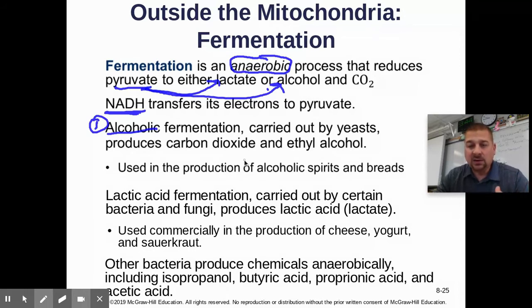But in bread it's a very low amount of alcohol, and when you bake the bread, the alcohol evaporates. The second type, lactic acid fermentation, a lot of us are familiar with, happens in our muscles, and can make us sore. But it's also used to make things like cheese, yogurt, sauerkraut. Other bacteria carry out other types of fermentation to make other commercial products.